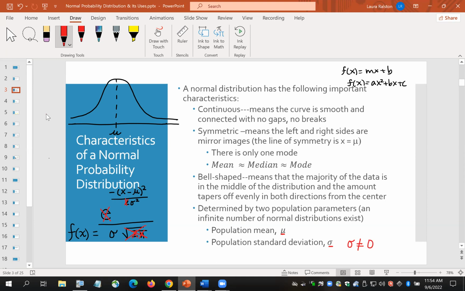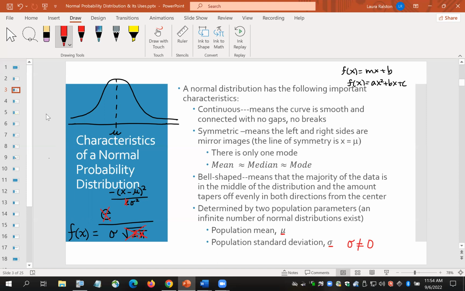The standard deviation cannot be 0 because in this formula, you have it in the denominator of a fraction in 2 different places. And you can never have 0 in the denominator of a fraction. So I can choose any number for the mean and any number for the standard deviation except 0.